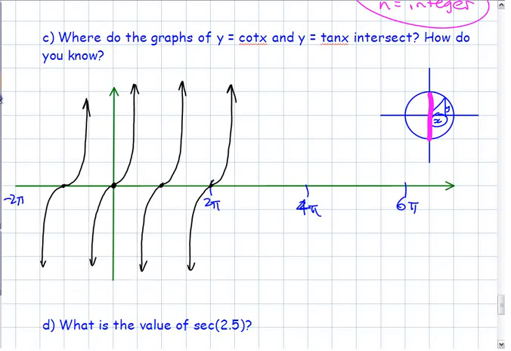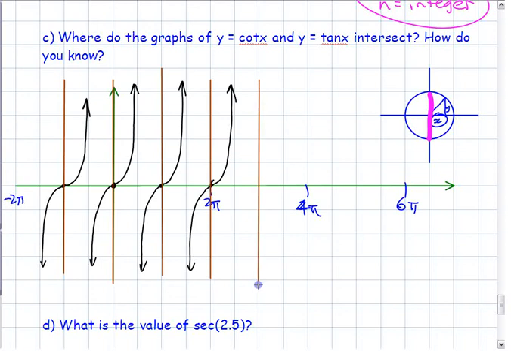It's going to have asymptotes right here and right here. If you're drawing the cotangent graph, reciprocal of this one, and so on, okay? It's got asymptotes 0, pi, 2 pi, the same way as the cosecant graph does.